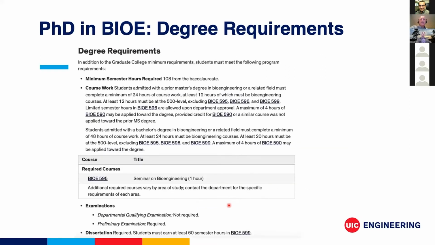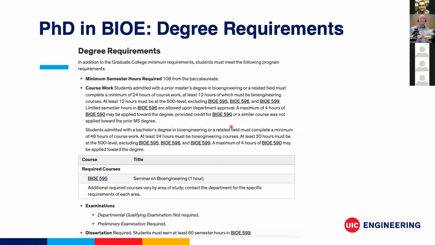For the PhD, you need 108 total hours. Of those, 48 need to be coursework if you're coming in without a master's degree. If you're coming in with a master's degree, then only 24 hours of coursework. And then a similar number of requirements. A certain number must be bioengineering courses.